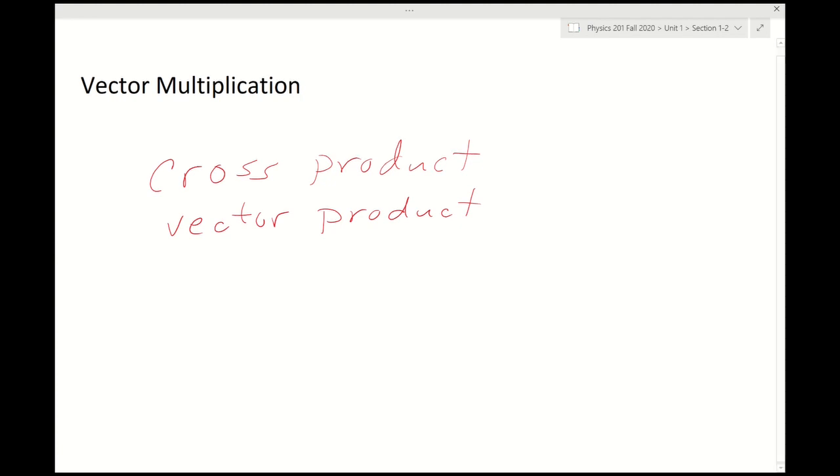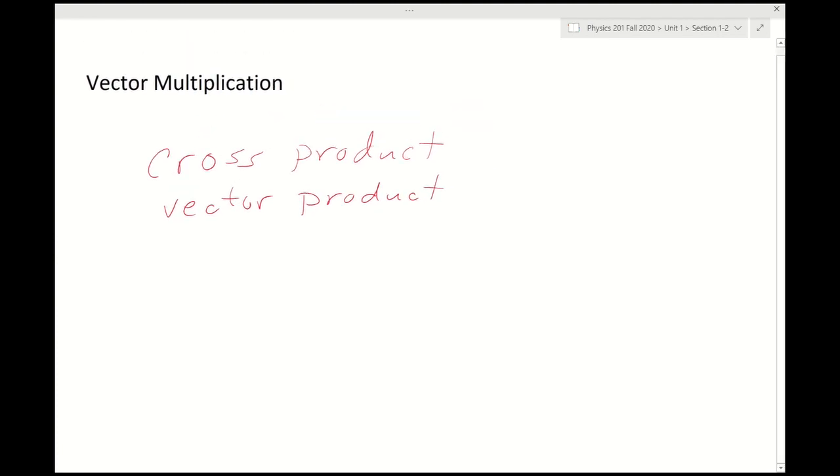Now there's another form of vector multiplication commonly referred to as the cross product, but more formally referred to as the vector product. I'm going to show you more of a shortcut on that one rather than a formal mathematical explanation.